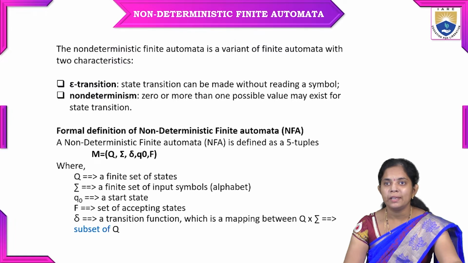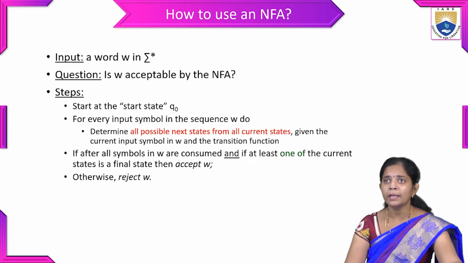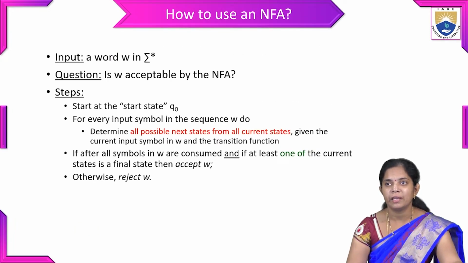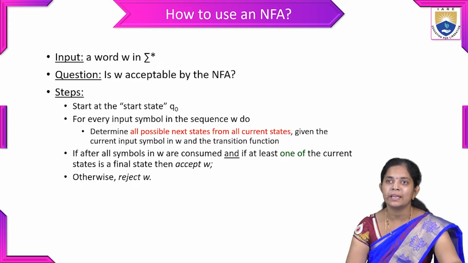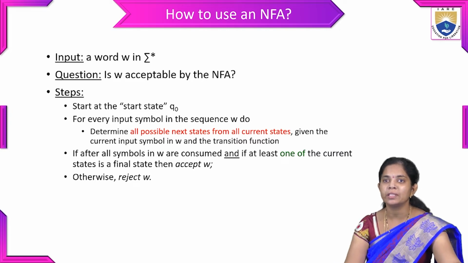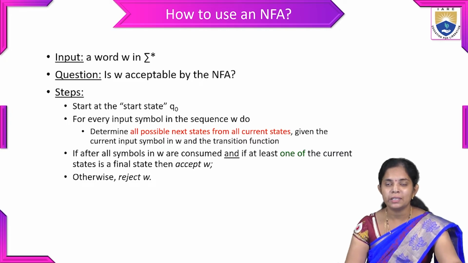Next, move on to the slide. And how to use this NFA? What is the use of this NFA? If you give any input to the finite automata, how is it going to construct an NFA? Here are the steps.